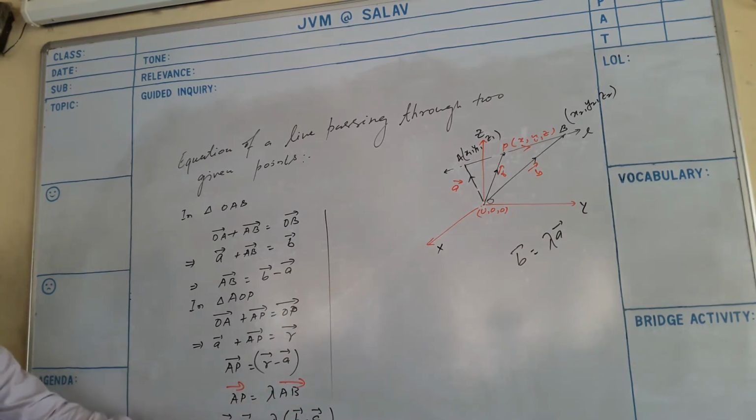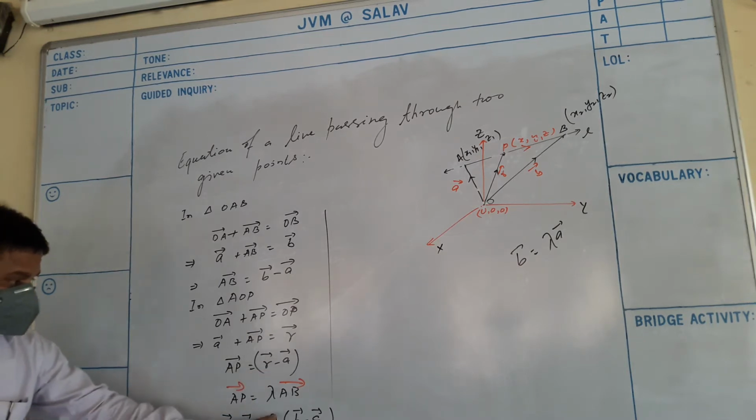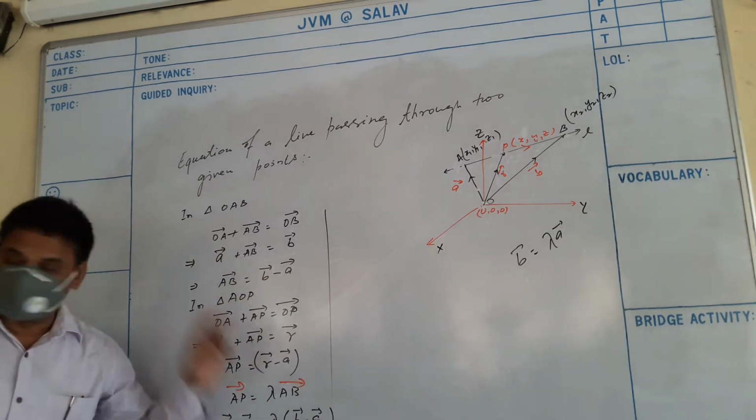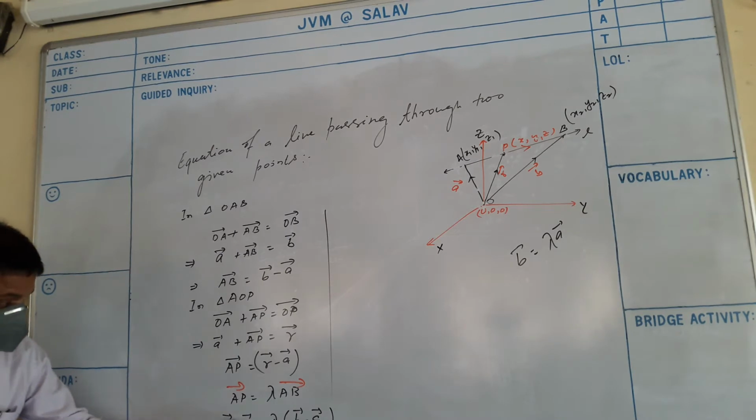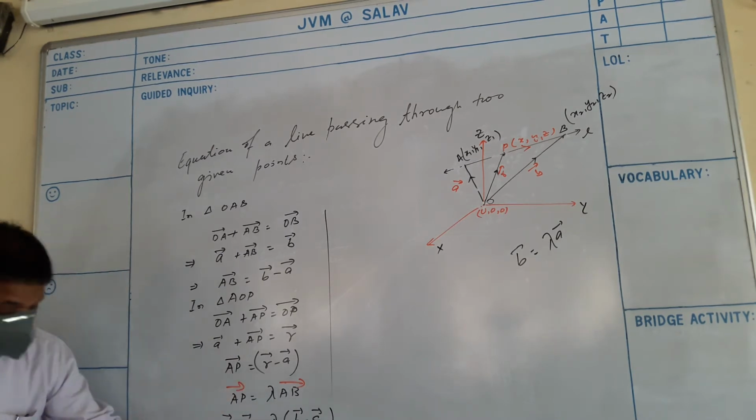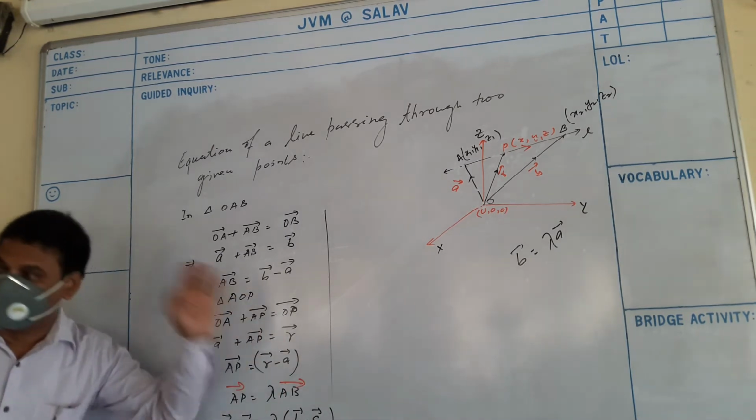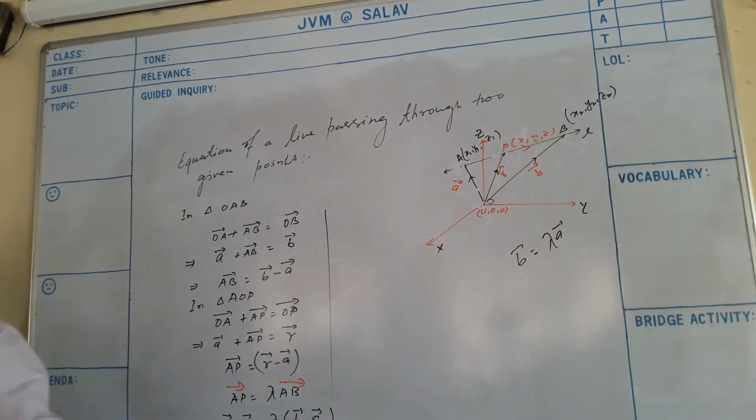AP is vector R minus A, and AB is vector B minus vector A. Now transferring A to the right side, vector R is equal to vector A plus lambda times (vector B minus A), where lambda is any real number.